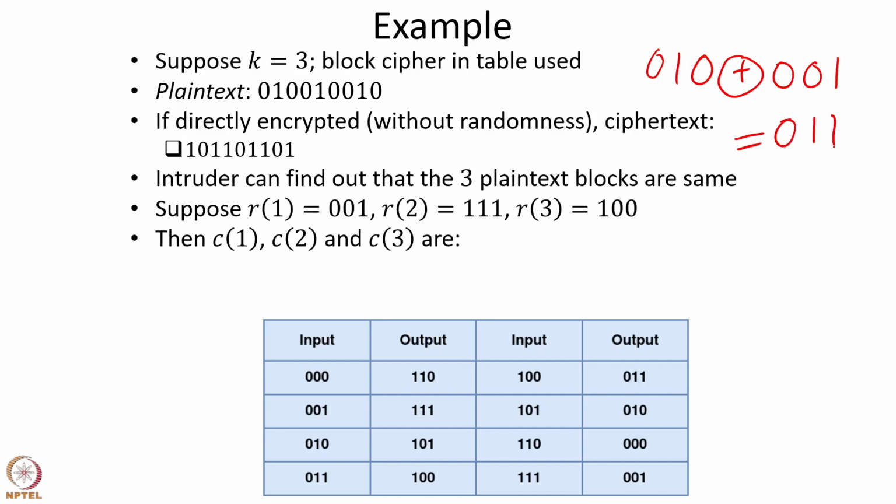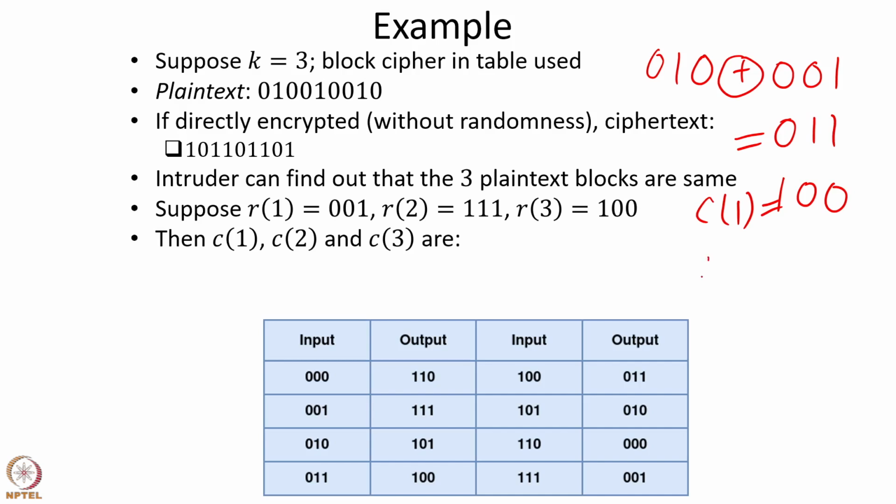Now we encrypt this by consulting the table there. So we see that the ciphertext corresponding to 0, 1, 1 is 1, 0, 0. Hence C1 is 1, 0, 0. Similarly, to get C2, we first find out M2 XOR R2.